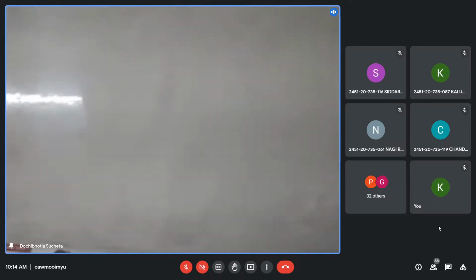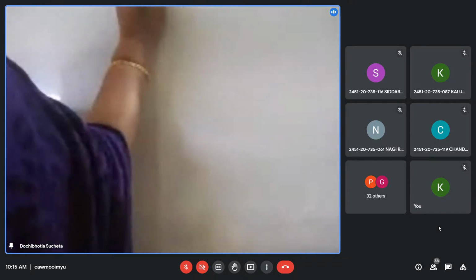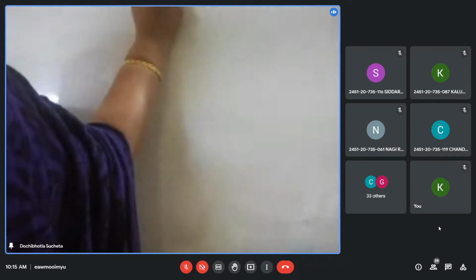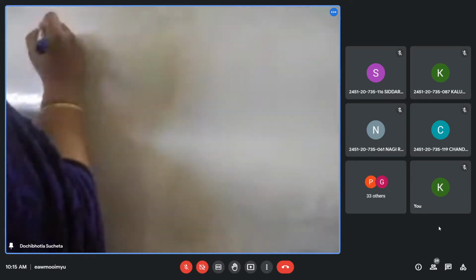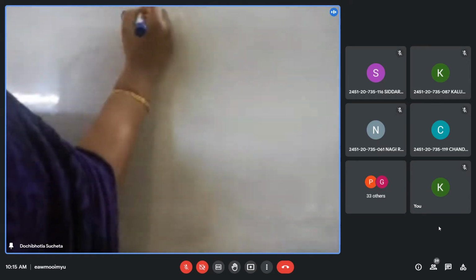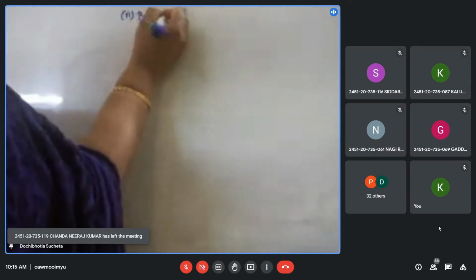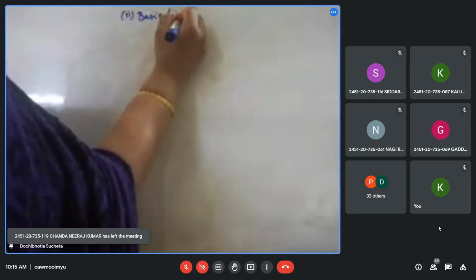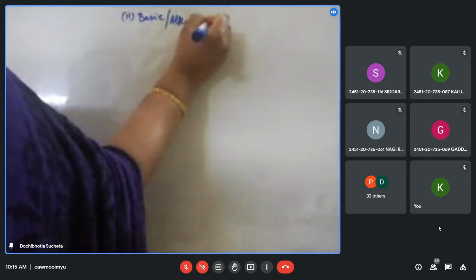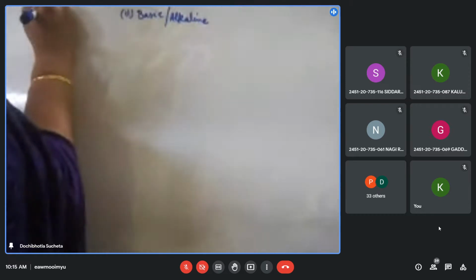So what you'll understand is that the polymerization of phenol and formaldehyde depends upon two conditions. What are those conditions? The first condition is whether the medium is acidic or basic or alkaline. That's one factor which dictates the polymerization of phenol and formaldehyde.